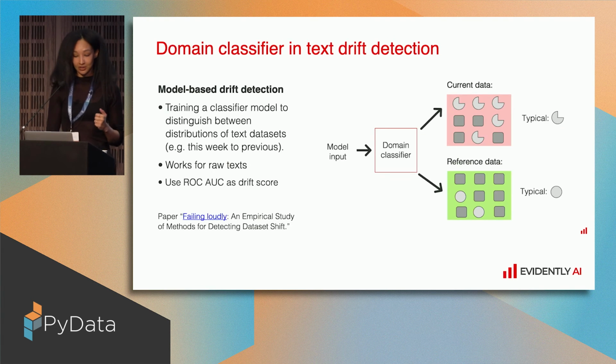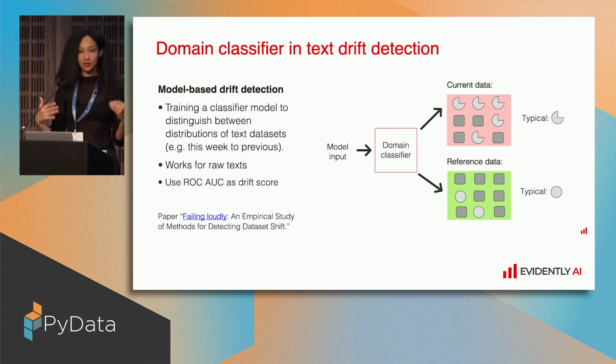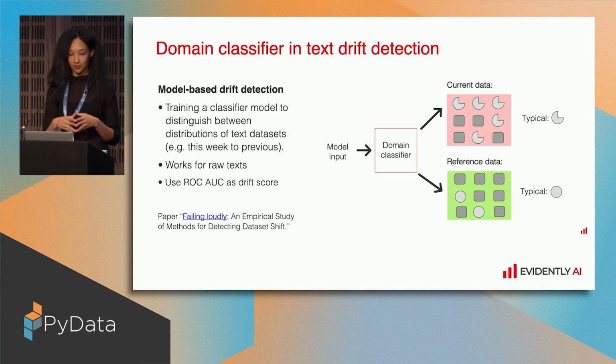How can you do that? Just compare the output of your new model with the output of your previous model. And if we're talking about text, which is quite a general case for large language models, we can even try to train a binary classification model, which will try to differentiate between the outputs of your previous version of the prompt and your current version of the prompt.